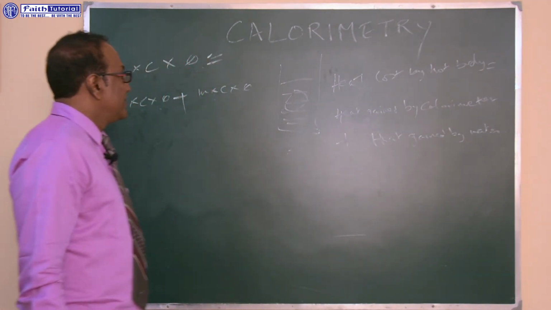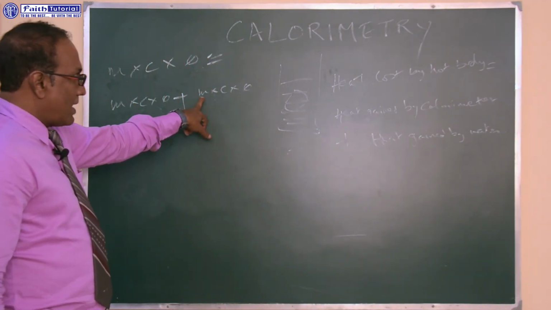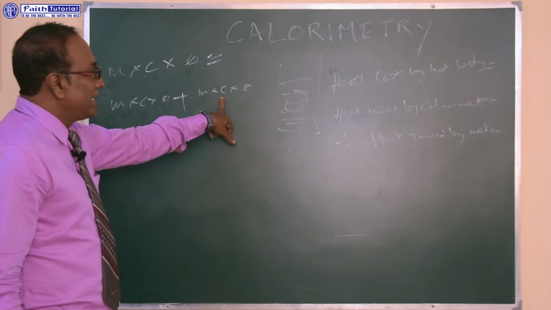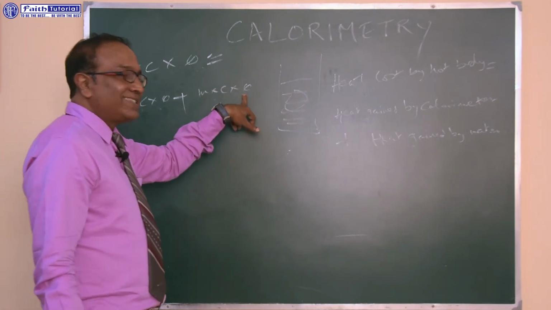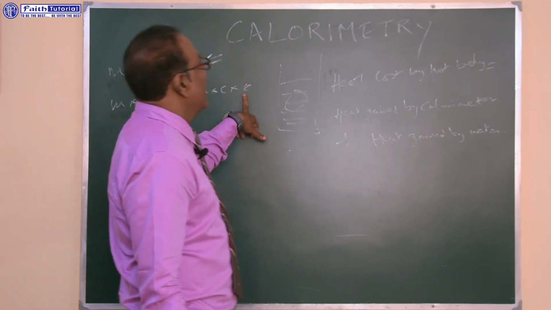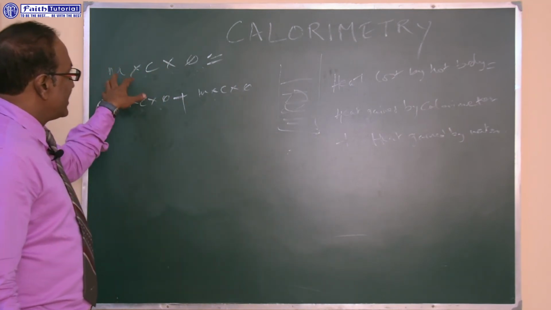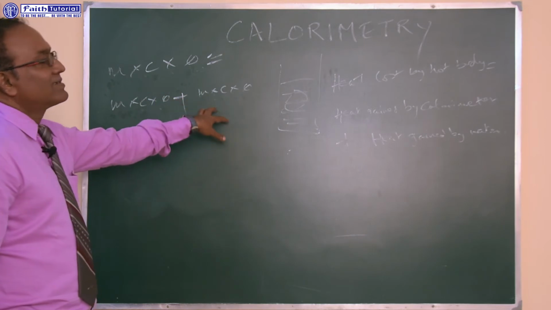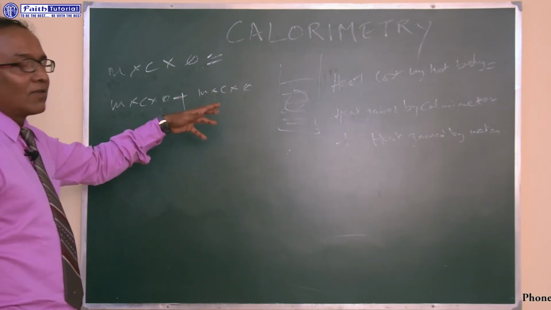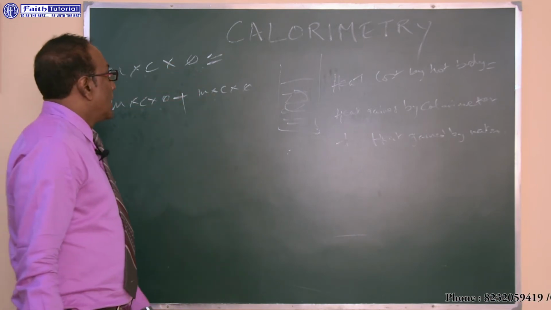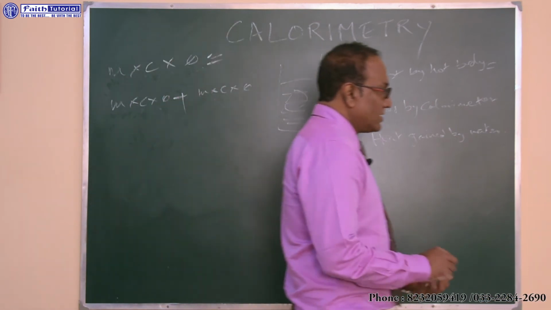Here m is the mass of the water, C is the specific heat capacity of water, and theta is the change in temperature of the water, again final temperature minus initial temperature. In this, there are 9 things, out of which generally one of them will be missing, and the other 8 will be given, and you find the missing number.